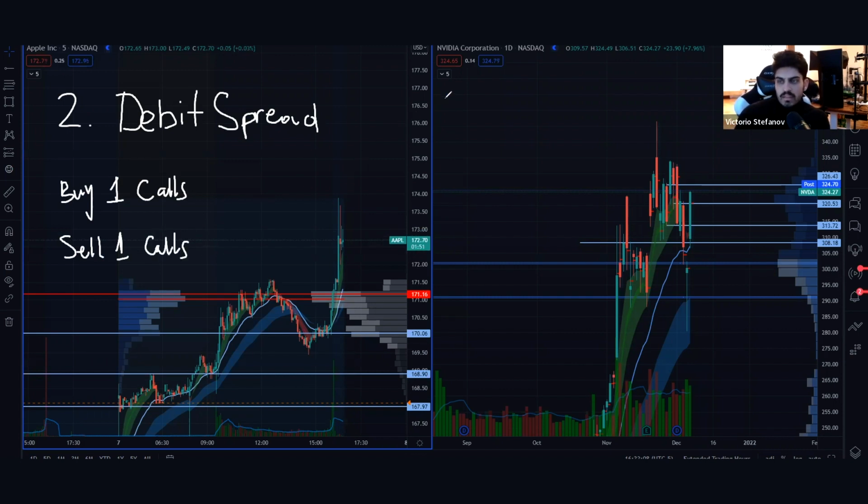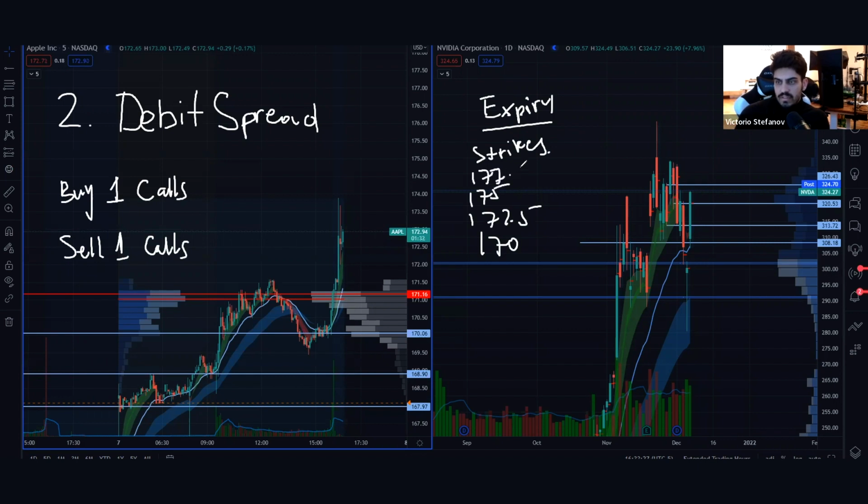Now, how would this make sense? Remember, options have different expirations, but mainly for the debit spread, what's important is they have different strikes. So, for example, Apple has 170, 172.50, 175, 177.50, 180, whatever it is.